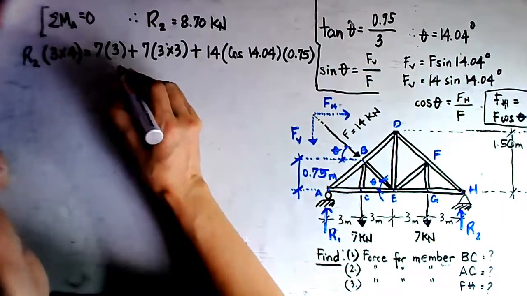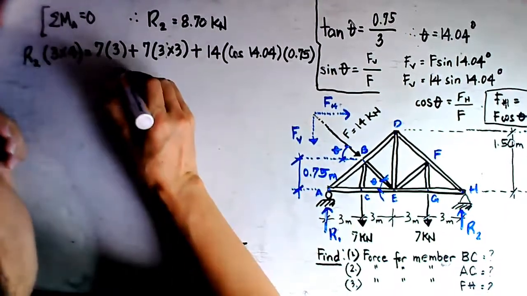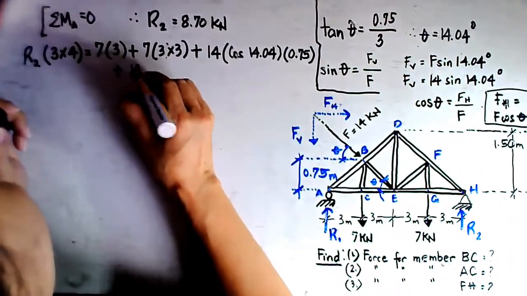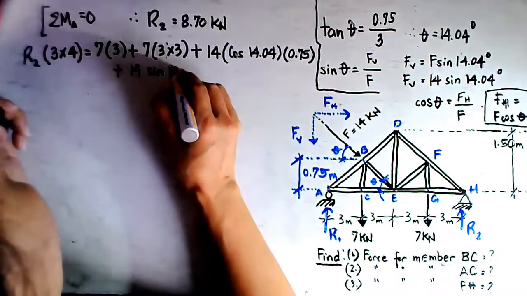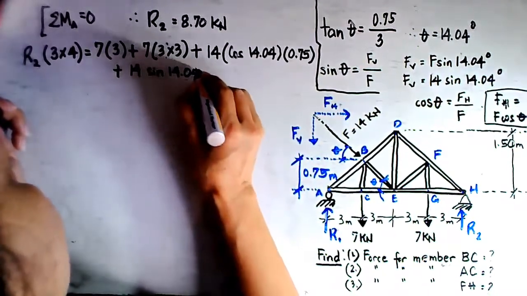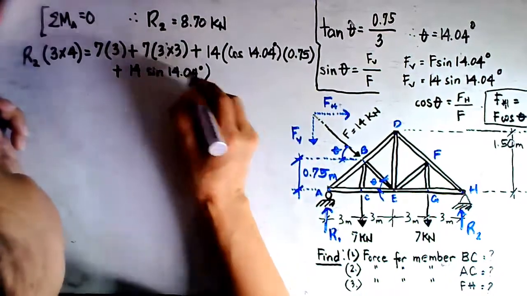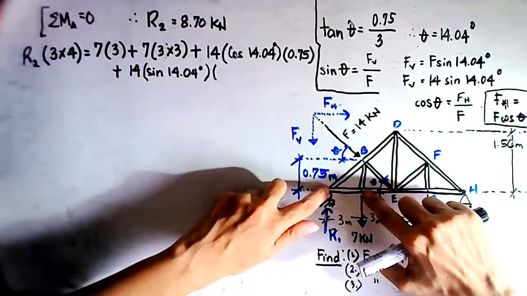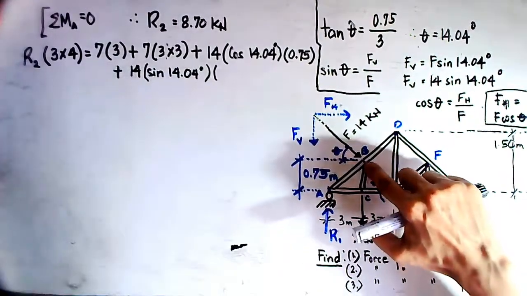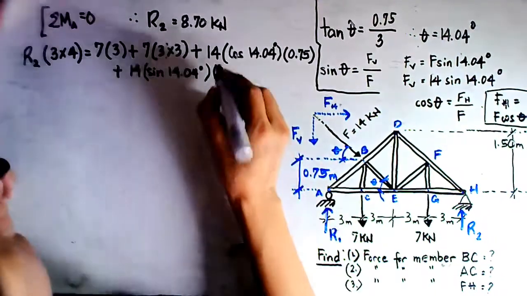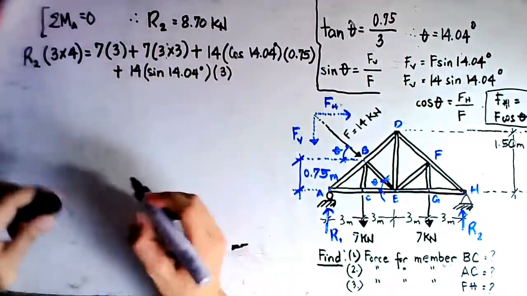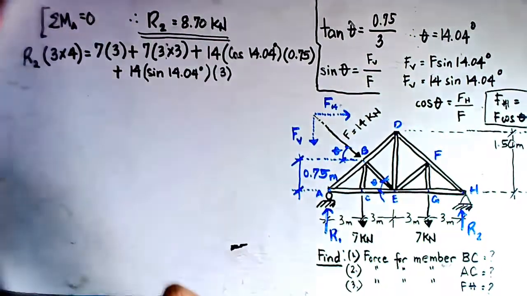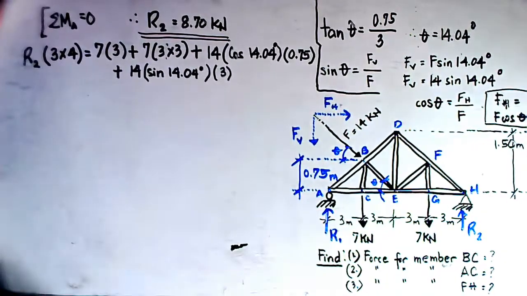By the way, we are going to add the vertical component, that is 14 sine of 14.04 degrees, and the distance from point A of that particular vertical component applied at point B is 3 meters. That should be added in order to come up with this particular value of 8.7 kilonewton.